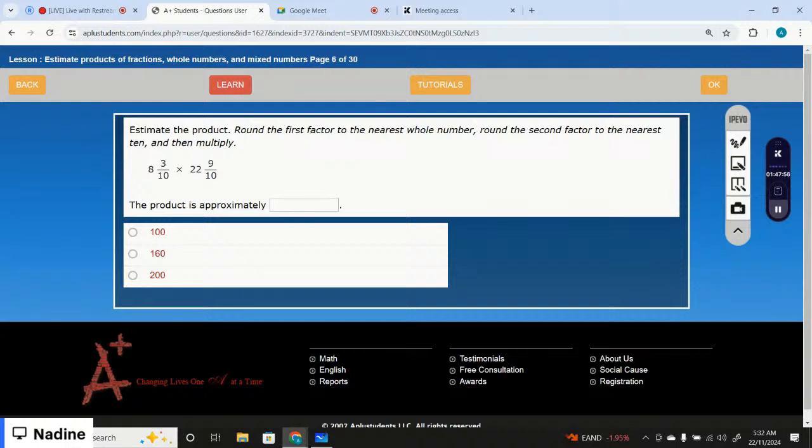The correct option is 160. Option number 2 is the correct option.